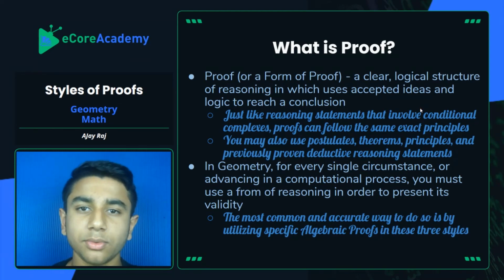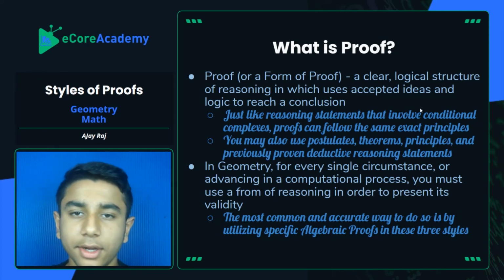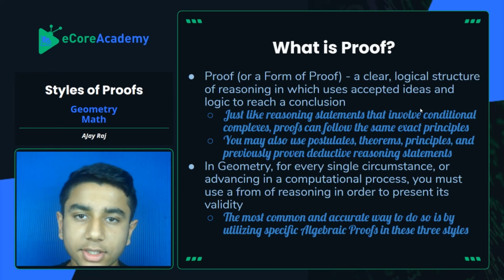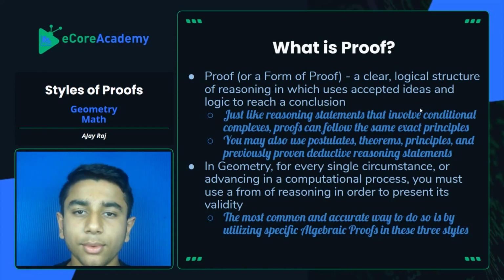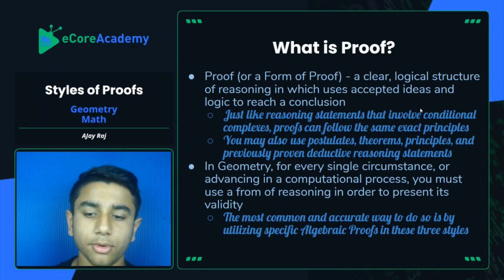In this case, proof is much more wide-ranging because it's about direct and specific scenarios and not general scenarios. So you take a form of reasoning statement that's already been proven before, and you can use that as proof for certain processes, for certain steps in a geometric process. And I'll get into what the different steps of geometric processes are in these three most popular types of proofs.